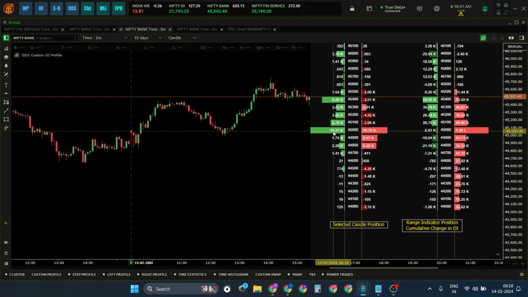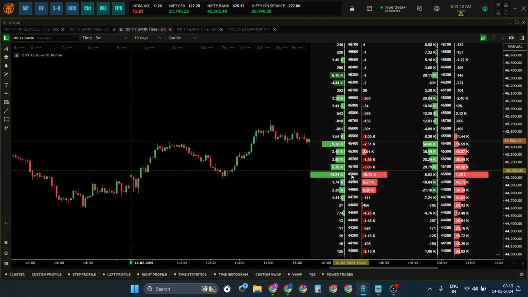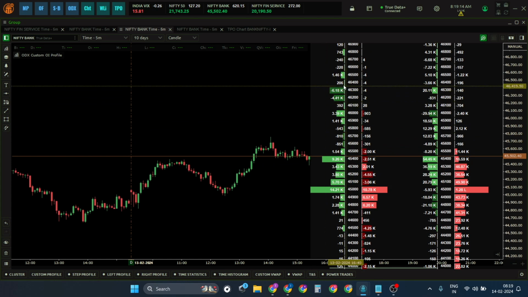On the call side 14.21k positions are shorted on the 45,000 strike, and on the put side 10.78k positions are shorted. How can you say that? The first thing is the color, the second thing is the number. It is positive 14.21, but here it is negative 3, negative 4, negative 2. Wherever there is a negative number on the puts, those puts are covered, and if you see a negative number on the calls, those calls are covered.